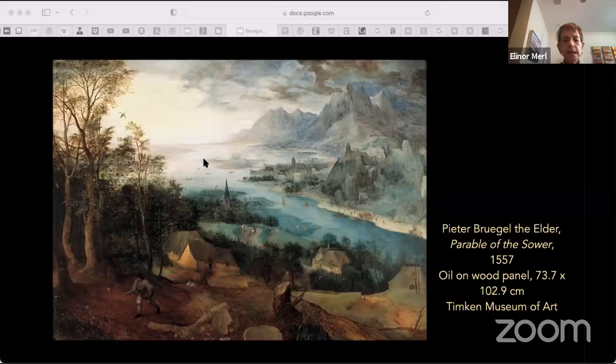Brilliantly, Bruegel selected Jesus's first parable as the subject for his own inaugural landscape painting, a work that planted the seed for his own affinity with landscape. So now we're ready to get back to peasants.